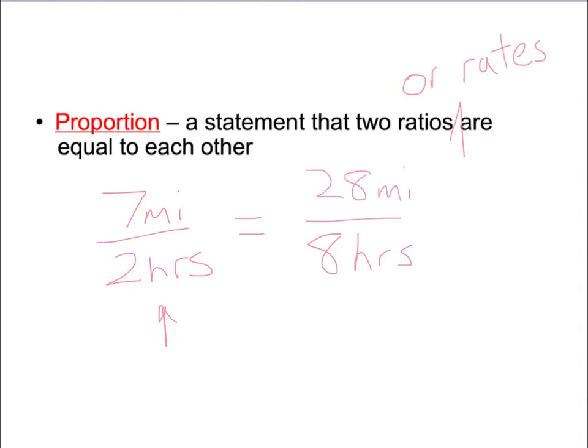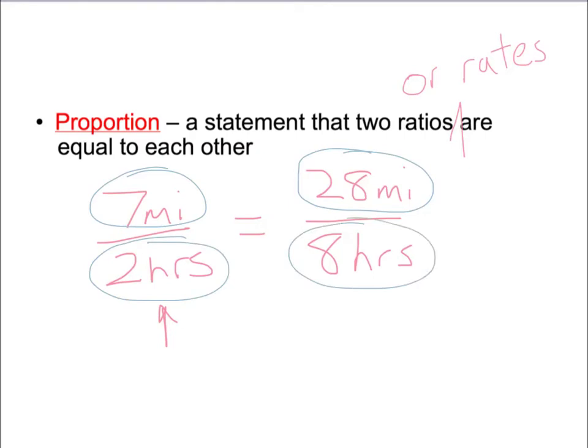And so because I write it like this here as two fractions with the same units on top, you can see here miles, and then the same units on the bottom, hours and hours, this would be considered a proportion when it's written like that. We have two rates, and they're equal to each other. We are actually going to use this concept later to solve a lot of different types of problems. So this concept will come out more later in our learning.